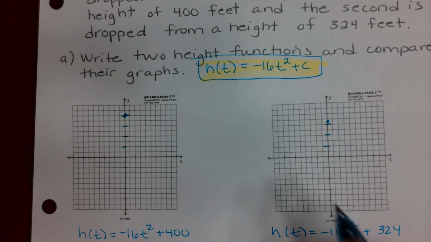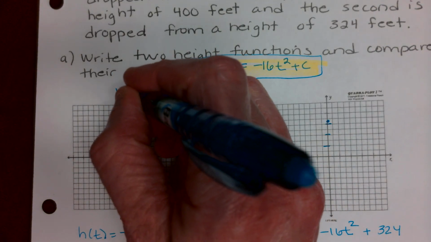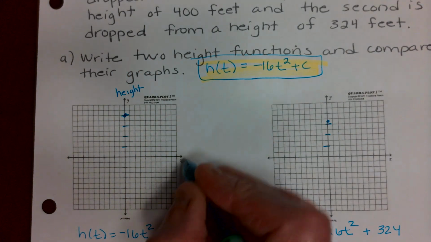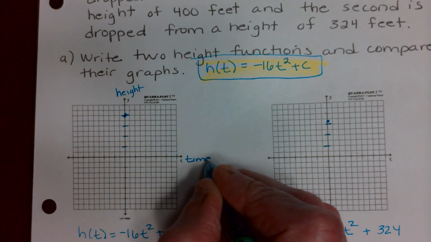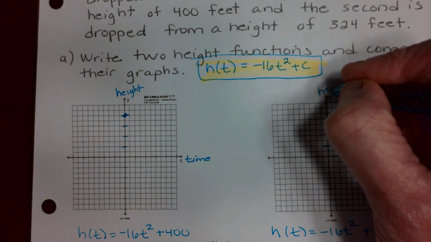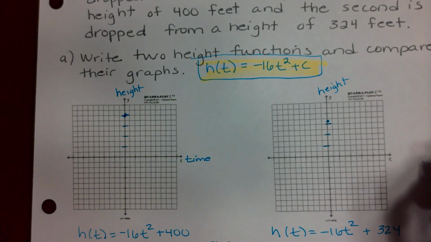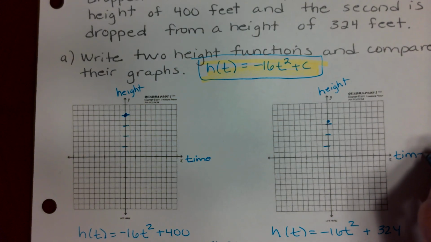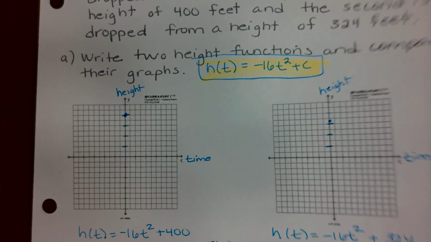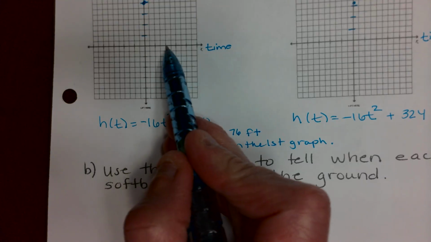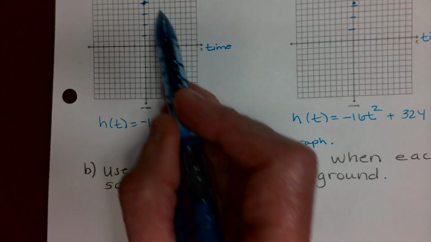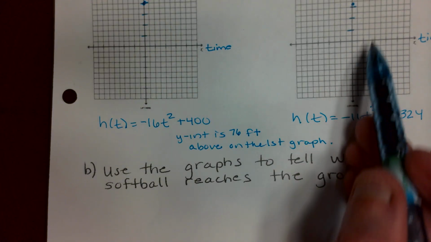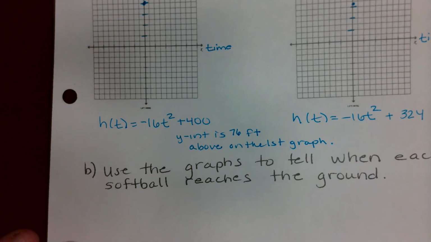This is my time, this is my height, and this is my time. So we're trying to see when it hits, because that'll tell me how long it took for the 400 one to hit and how long it took for the one that was only up 324 to hit.